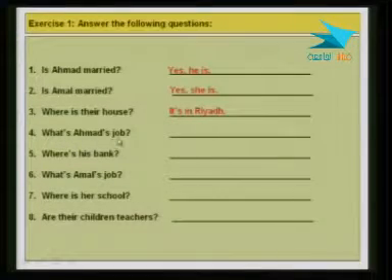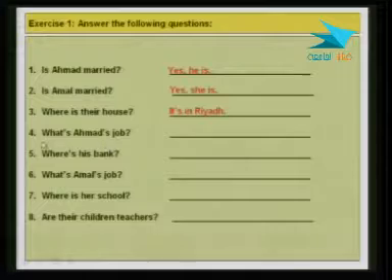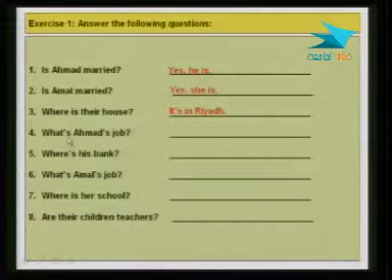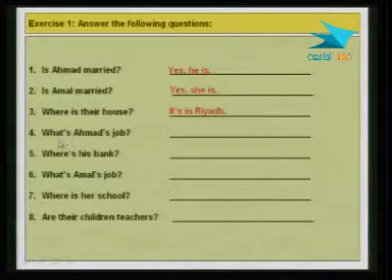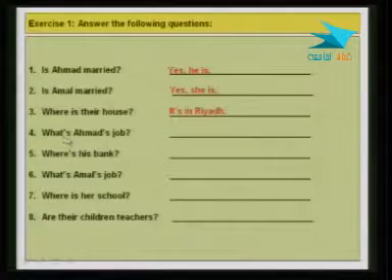Number 4. What's Ahmed's job? Now, let me discuss the difference between S here and S here. I think you should be able to tell. In the session that we had about contractions, this one here is the verb be, is. So what is? But we do not say what is here in this question.